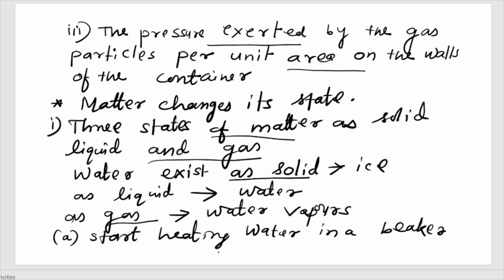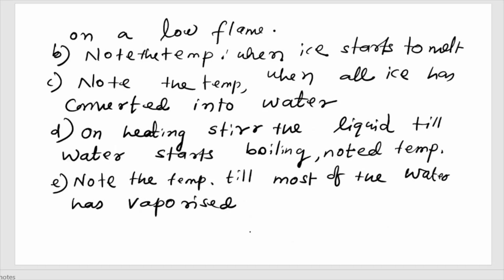On cooling, ice, solid. On heating, it changes to water vapor, the gas condition. Now suppose you take ice in a beaker and start heating it on a low flame.